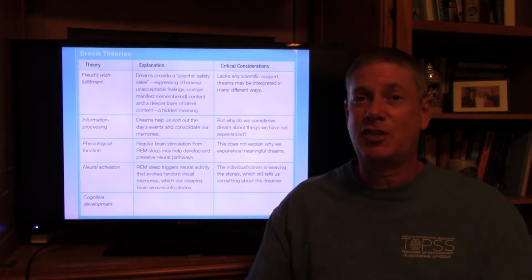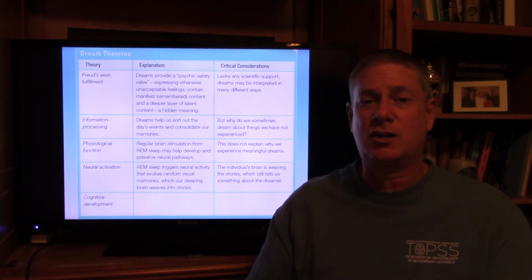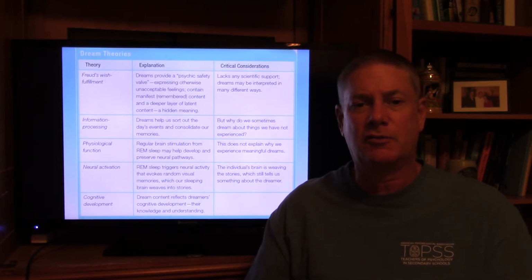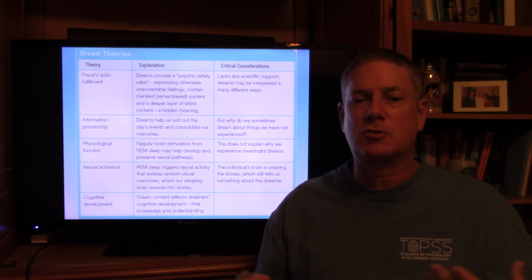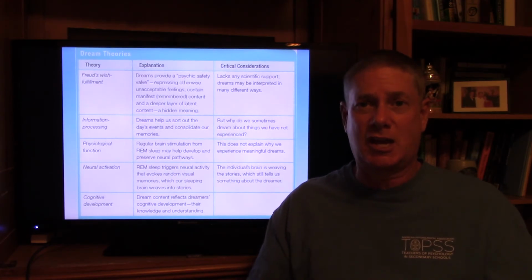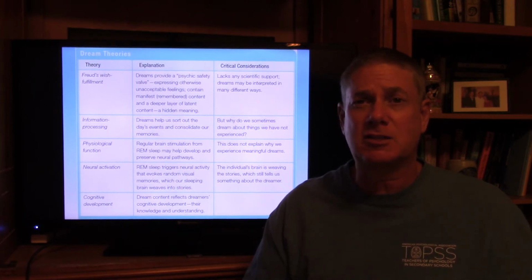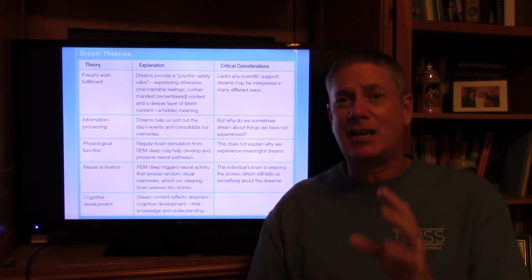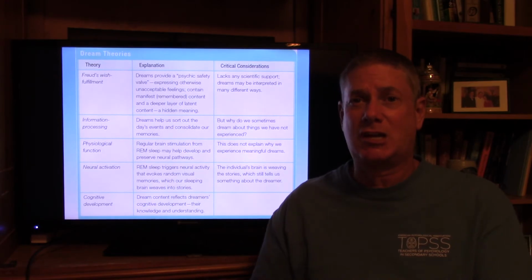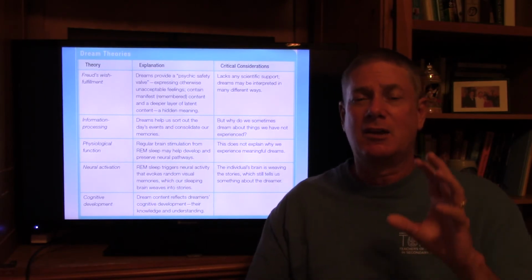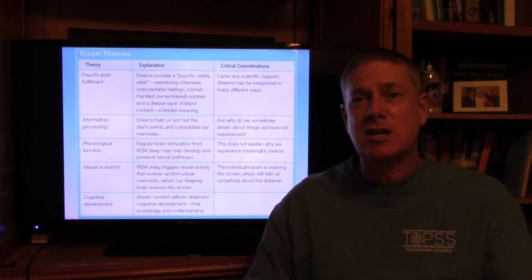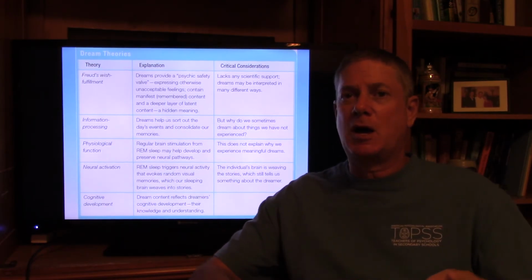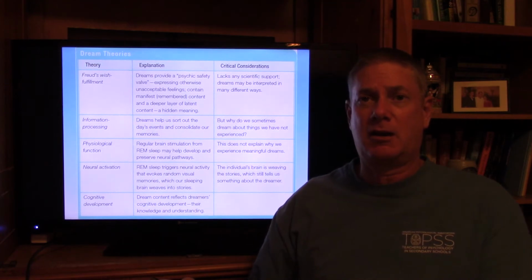Our final theory in the chart here is something called cognitive development. Basically it says that dream content reflects a dreamer's cognitive development, their knowledge and understanding. Now there is some research to back this up. As a matter of fact, about the age of 9, dreams began to change. Instead of being like a slideshow of different pictures, at age 9 or 10, dreams become a longer, more complicated narrative.